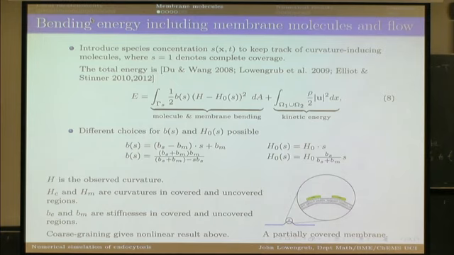You can make different choices for these, and the one I'll show you the simulation for is just linear interpolation. We're assuming that where you don't have the molecules, the spontaneous curvature is 0, and the bending stiffness goes to whatever the membrane bending stiffness is. But you can also do local coarse graining and get more complicated formulas.